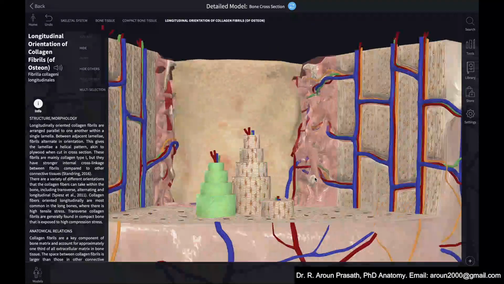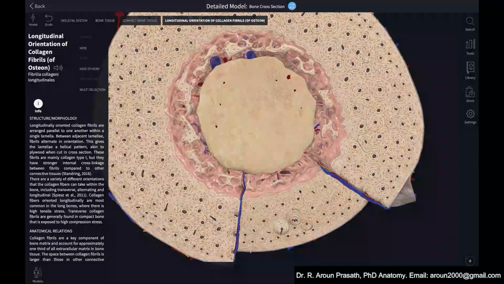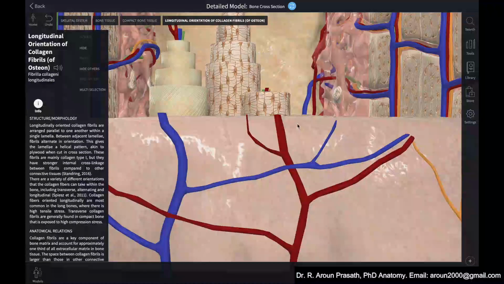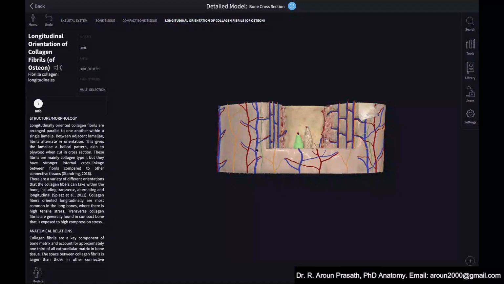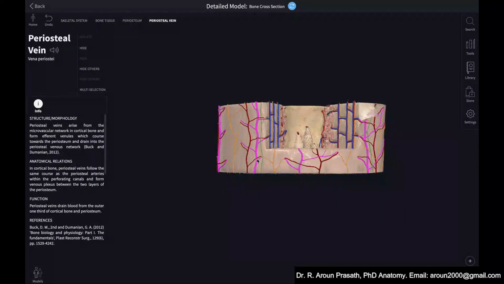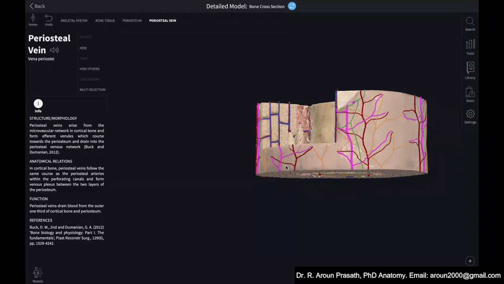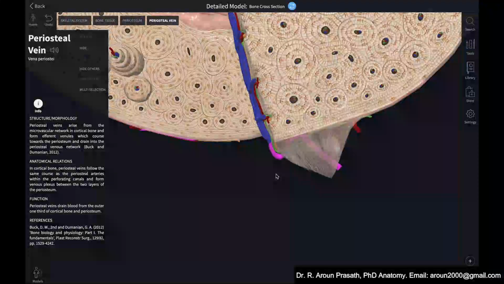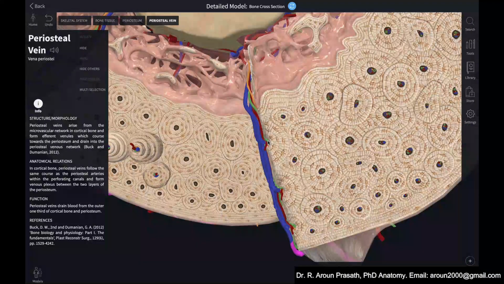As I told you, as far as blood supply to the bone is concerned, there are two theories. One theory says that the bone cells receive blood supply through these periosteal blood vessels. The other theory says that the bone cells receive blood through the endosteal blood vessels.